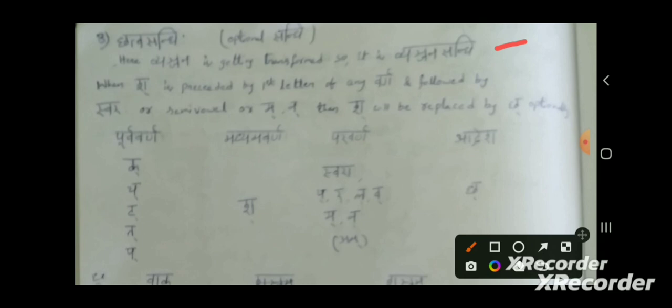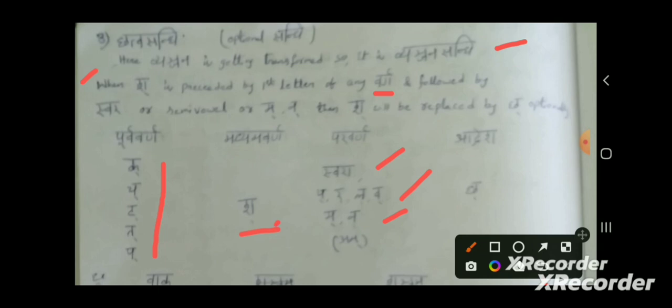Now coming to the definition of Chatva Sandhi. The rule is: when Shakara is preceded by the first letter of any Varga, any of the 5 Vargas, Kavarga, Chavarga, Tavarga, Tavarga and Pavarga, and followed by Swara or semi-vowel or Makara or Nakara, then what will happen?